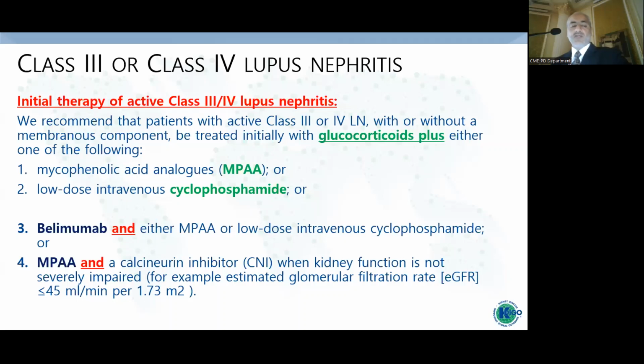It is safe to combine glucocorticoids with MPA and calcineurin inhibitors. So patients with active lupus class 3 or class 4 should be managed aggressively, and early introduction of the treatment protocol is important to prevent progressive damage of the kidney.